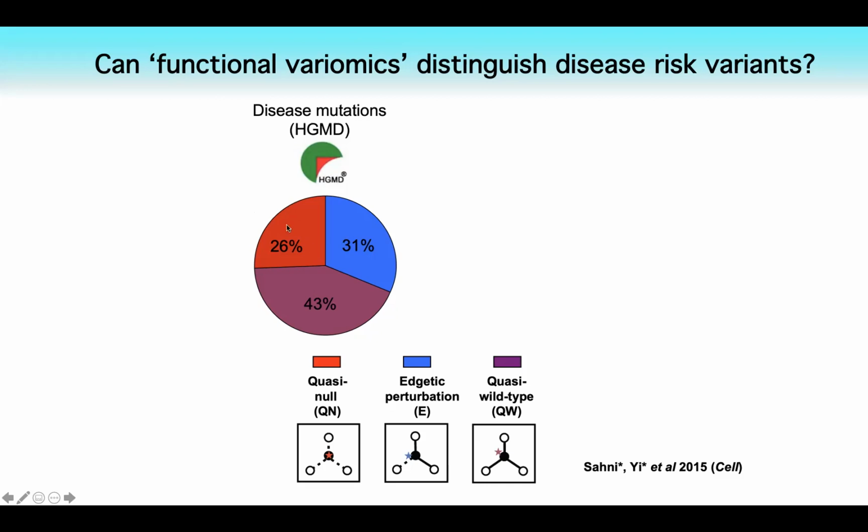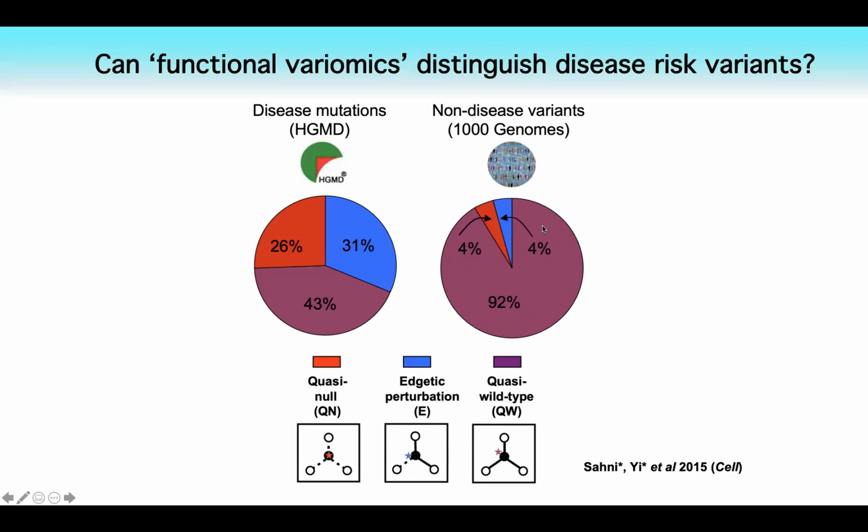By statistics, we found that roughly 30% of these disease mutations cause a null phenotype, losing all interactions. Another 30% of these disease mutations cause an interesting perturbation event, losing some part of the interactions but keeping other interactions or pathway signalings intact in the cell. The other 40% are more like wild type.